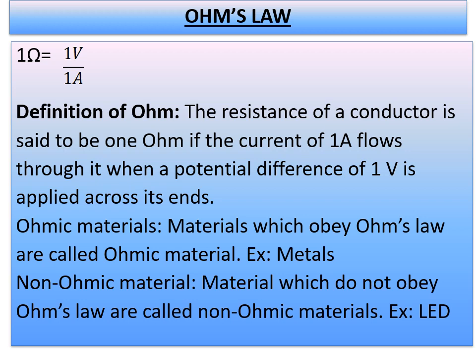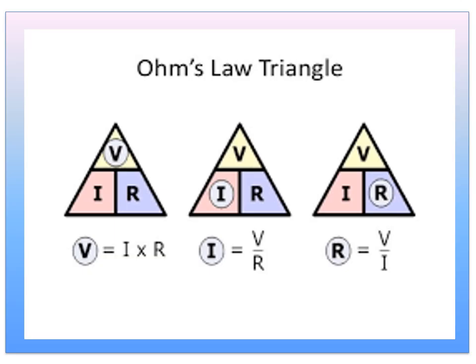A non-ohmic material is a material which does not obey Ohm's law. The example we have taken is LED. If you plot a graph, you will not get a straight line, you get a curve, which indicates that for ohmic materials V by I is constant, whereas for non-ohmic materials V by I is not constant.